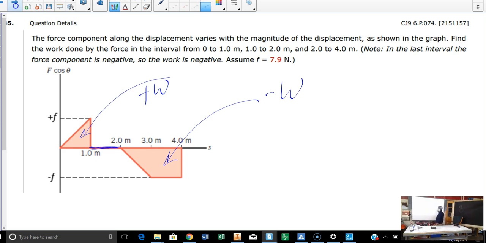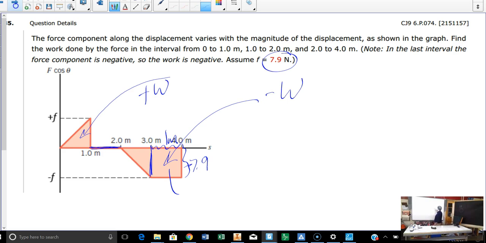As far as finding the area of this, I'll let you roll with it, but they give us the force. So, for example, here, that's going to be a 1 meter by, I think according to this, 7.9, negative 7.9. And you could figure out the area and so forth. And this is going to be really the same thing but cut in half because it's the area of a triangle.